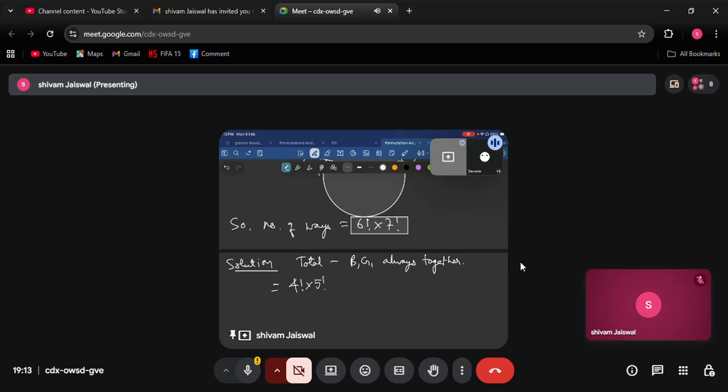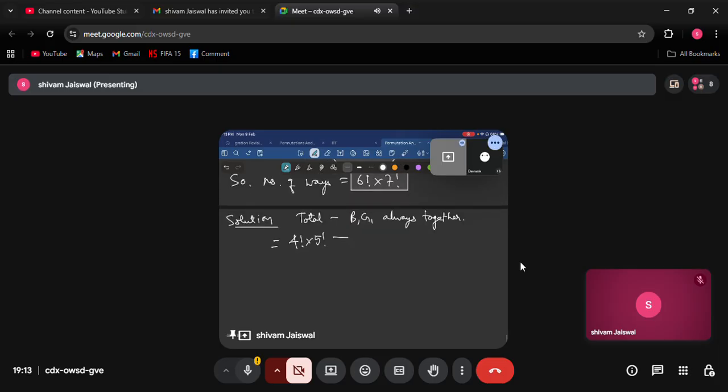There are 5 boys and 5 girls. Yes. Minus, okay, B1, G1 should be together and other people will arrange alternately. So what is the number of ways in which other people can arrange alternately?